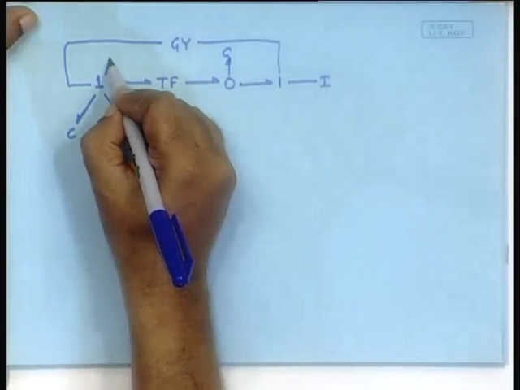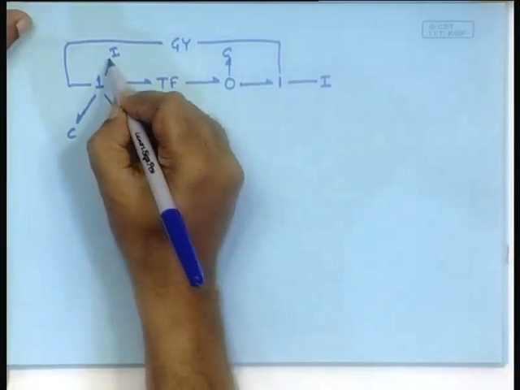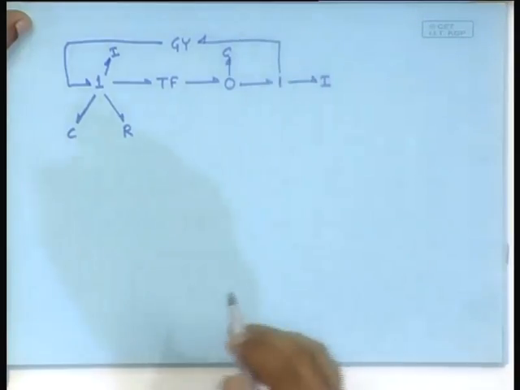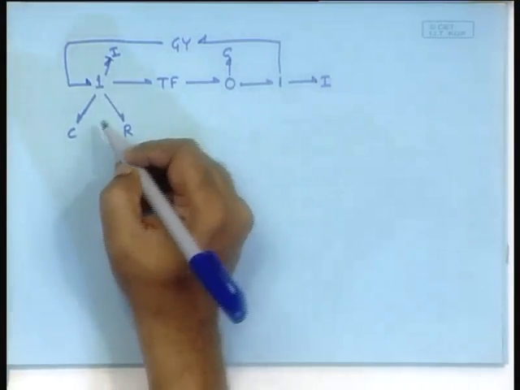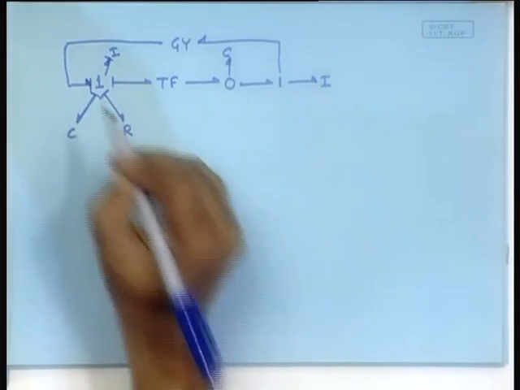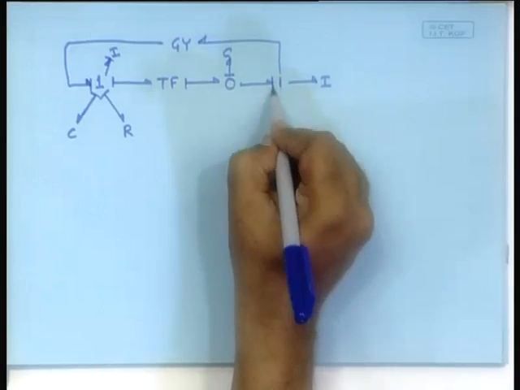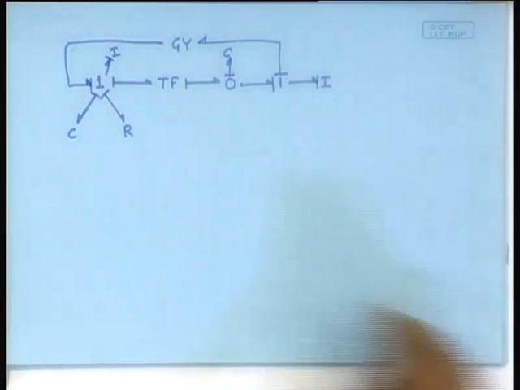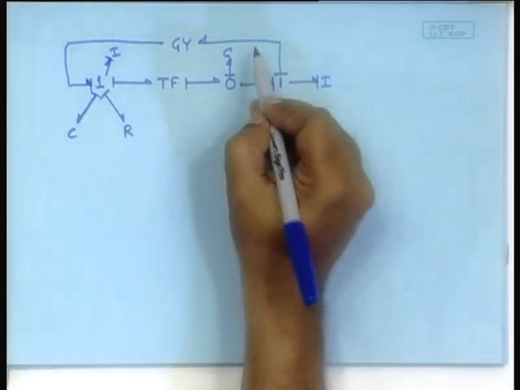Oh, there is an inductor I. Done. I will have this, C will be this, R will be this. All the causalities put? Yes.